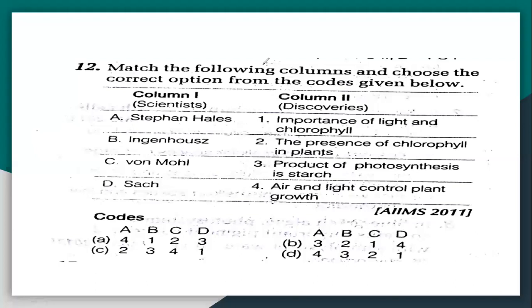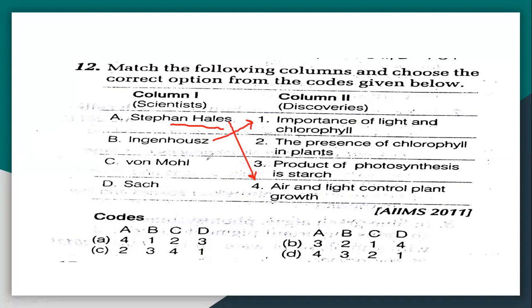Now match the column. Here different names of scientists are given. First is Stephen Hales: air and light control plant growth. B would be A, that is the importance of light and chlorophyll.